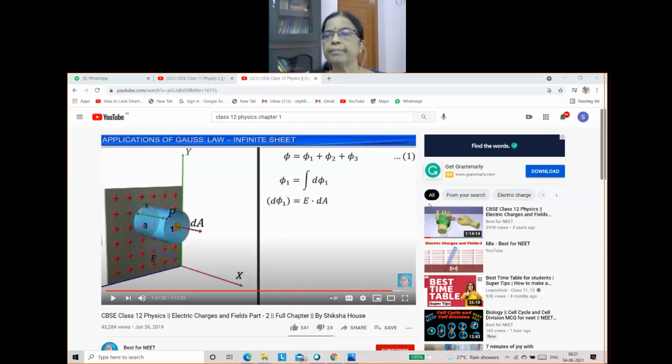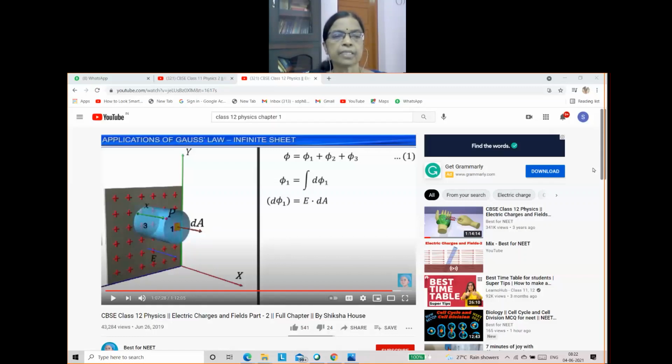Ribangsha, can you tell? For the curved surface, the flux is considered 0. Why? No answer. Manu Shankar, can you tell? Curved surface flux equal to 0. Why?